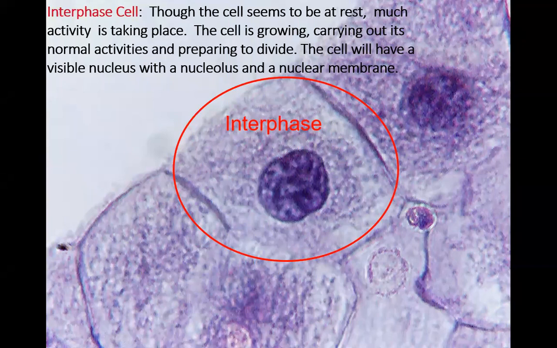This is the cell in its normal functioning activity. 99% or 99.99% of a cell's life is spent in interphase, doing cell stuff, making proteins, destroying bacteria, whatever it does. It's only when we get ready to divide that we go into mitosis.